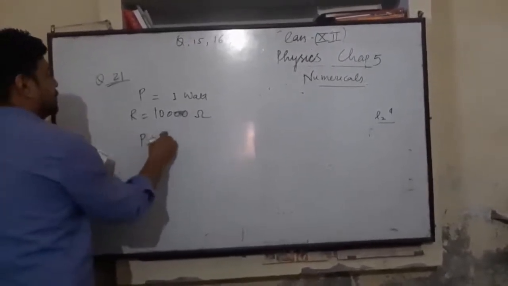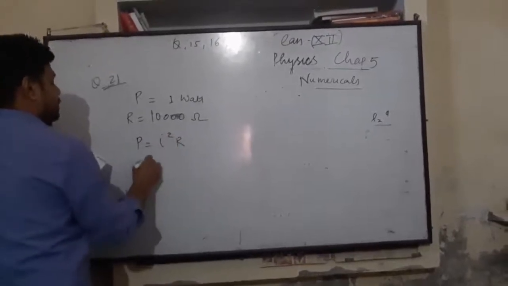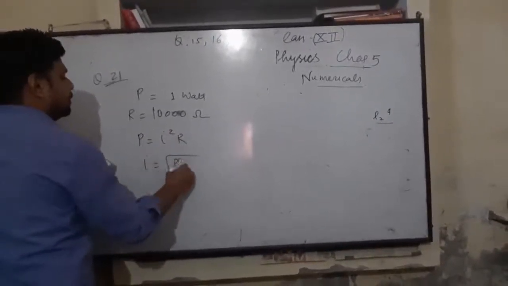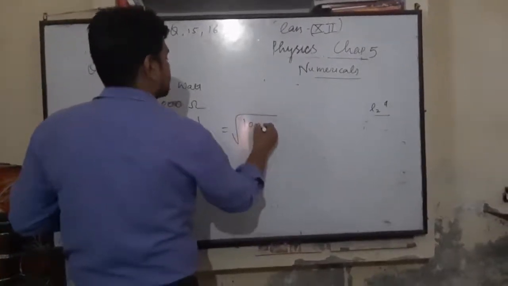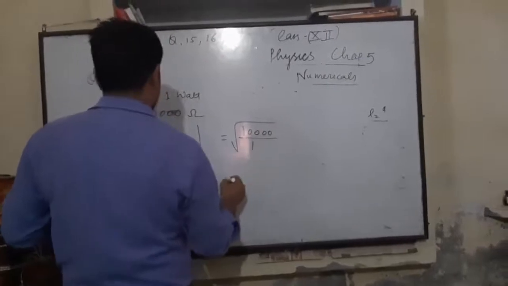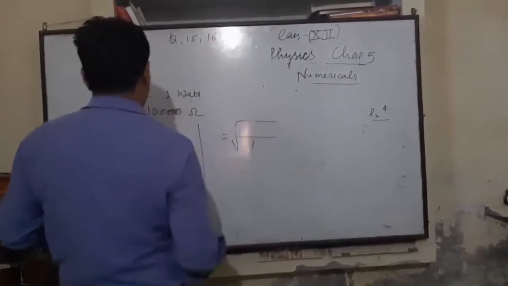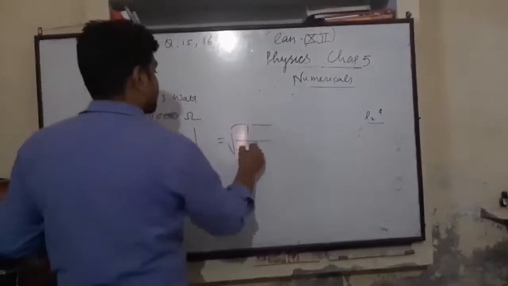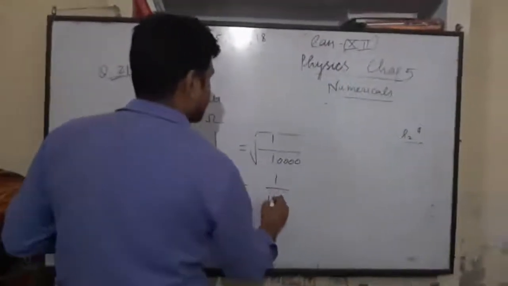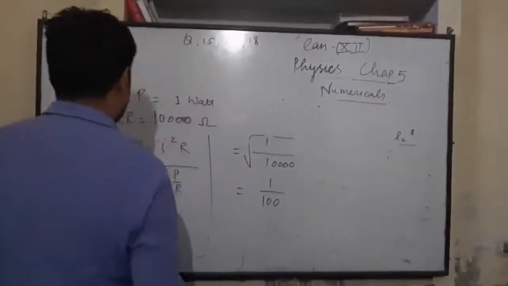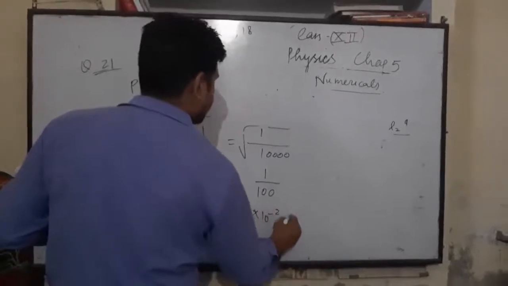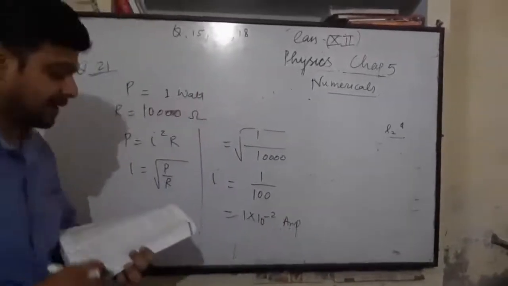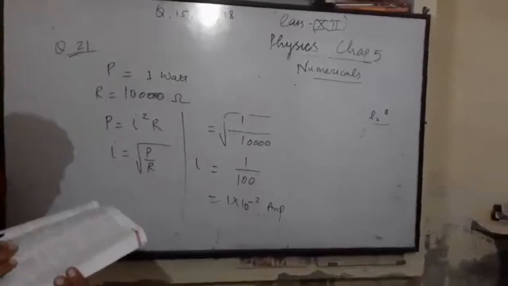So P is equal to I square R, so I is equal to under root P over R. P is 1 watt and R is 10,000. So it will become 1 over 100, or 1 into 10 to the power minus 2 ampere. It is the maximum current.